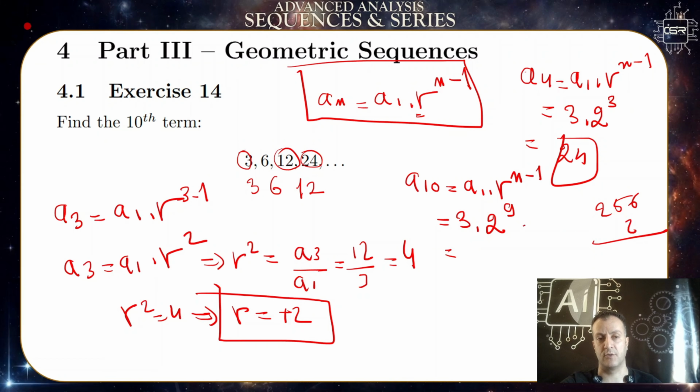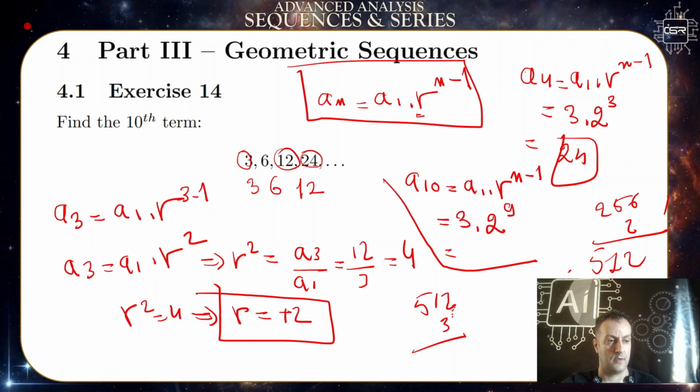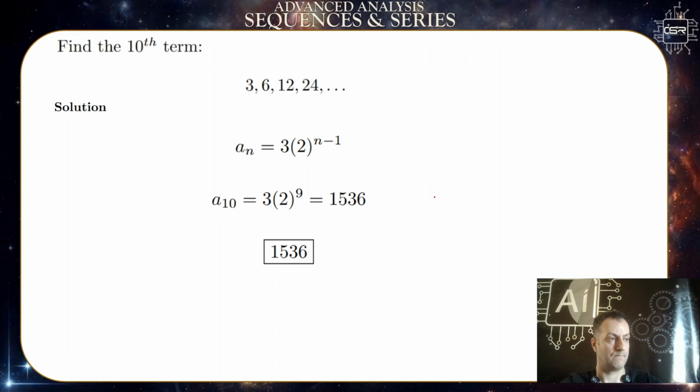You can actually evaluate it using a calculator. 2 to the power of 9 is 512, 512 times 3 equals 1536. And this is correct. So the nth term for n equal to 10 is equal to 3 multiplied by 2 to the power of 10 minus 1, which is 9, equal to 1536.